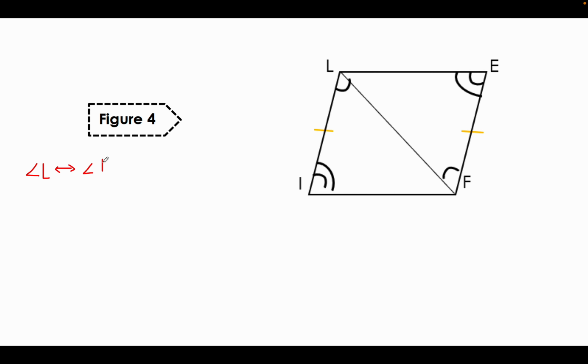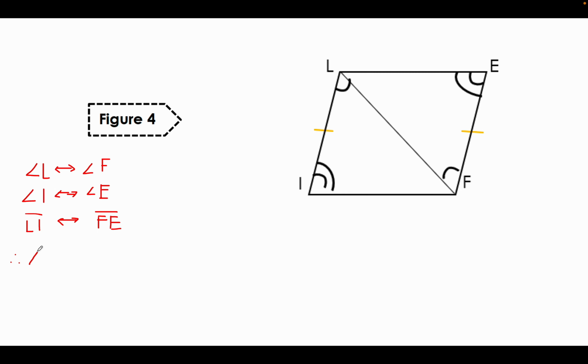Correct. Then angle I corresponds to angle E. Then line segment LI corresponds to line segment FE. And then what's the conclusion? Therefore, the three dots here mean therefore.